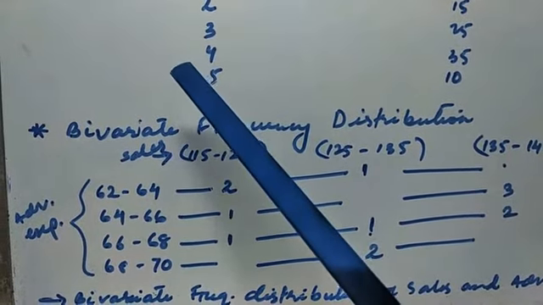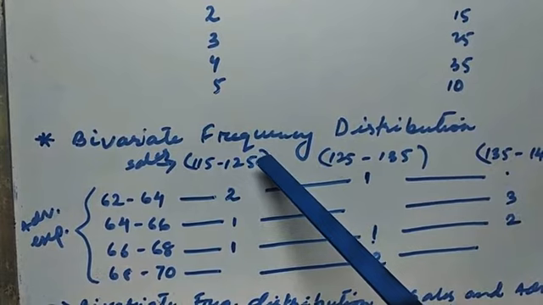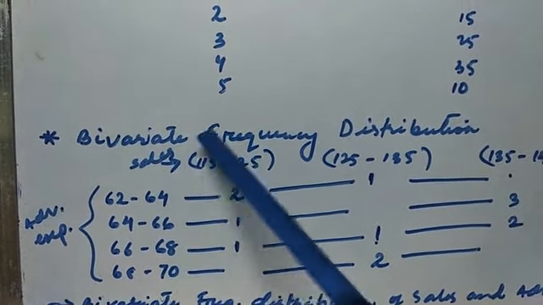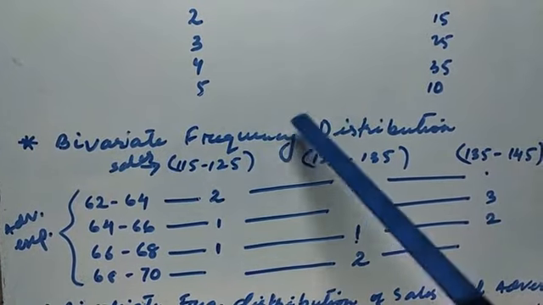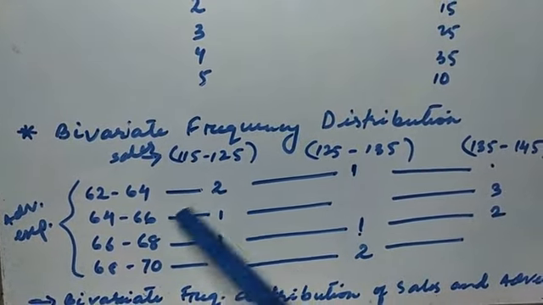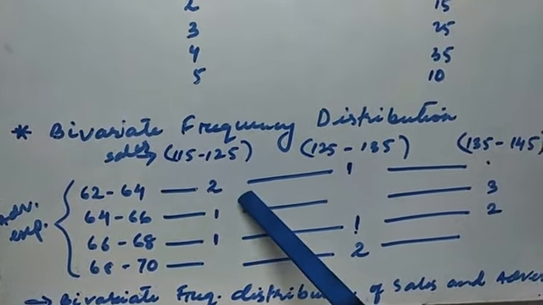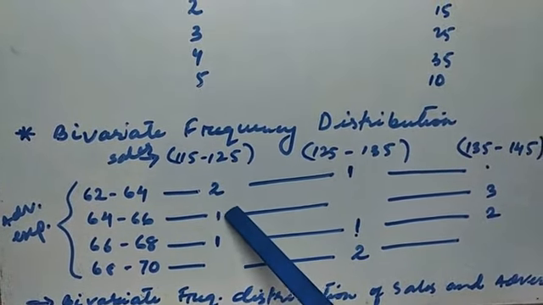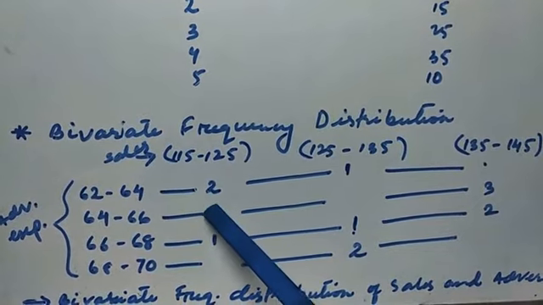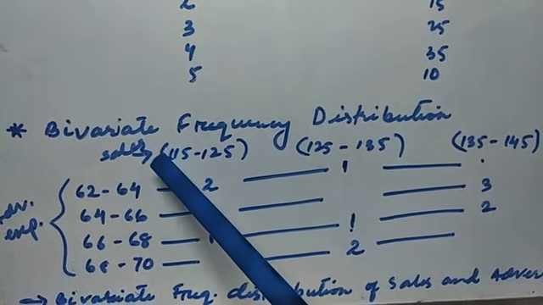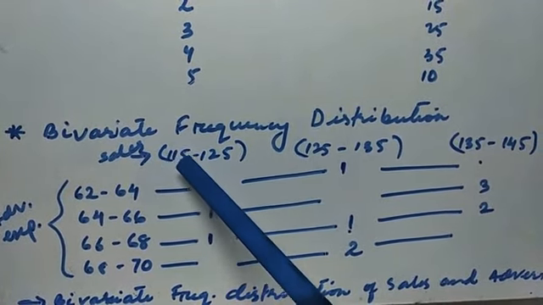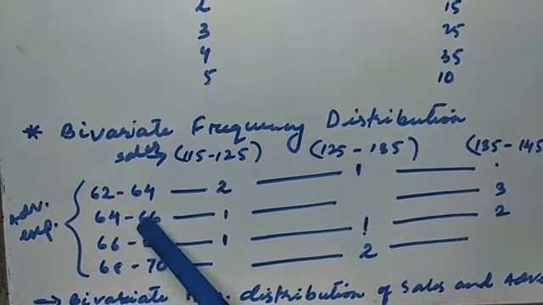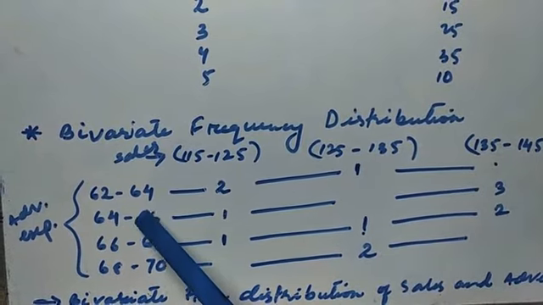A frequency distribution of two variables is called a bivariate frequency distribution. Again here it is given 1. This one indicates that there is one firm which has sales of 115 to 125 lakhs and is spending 64 to 66 lakhs.